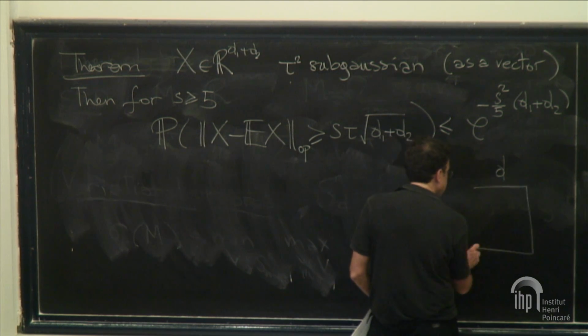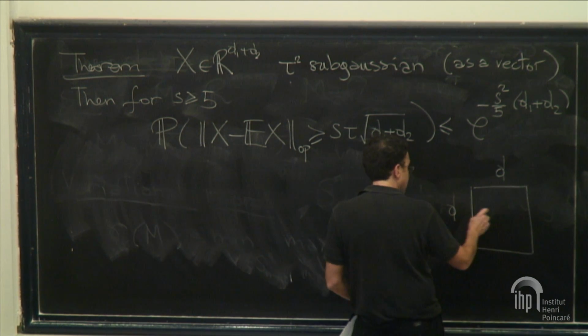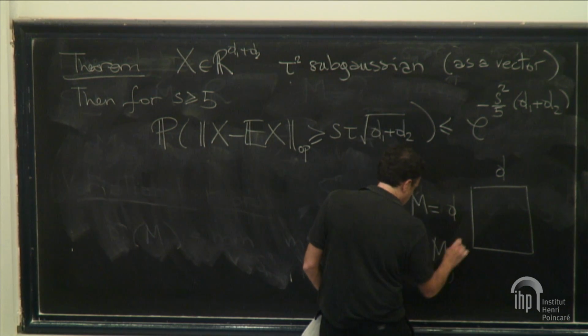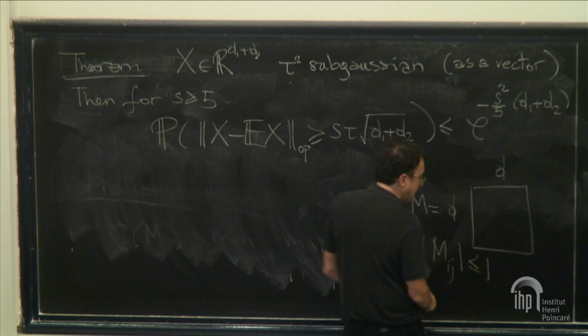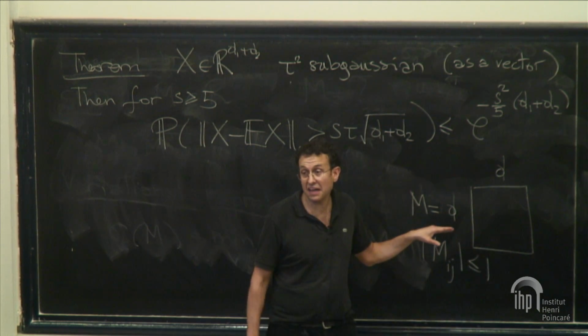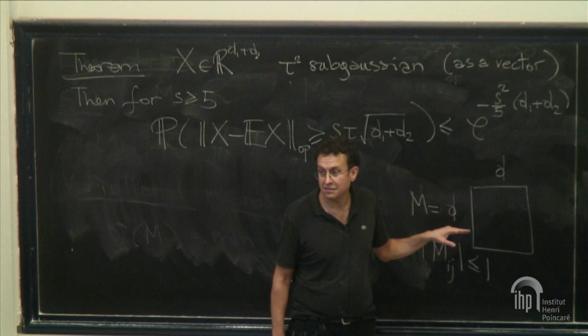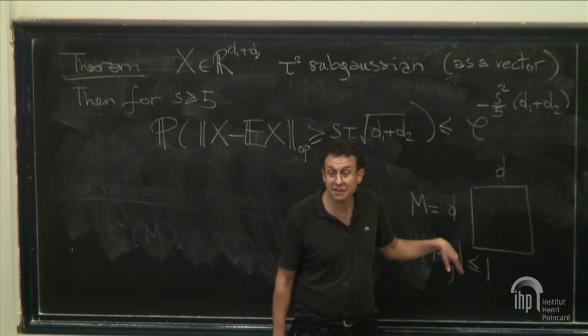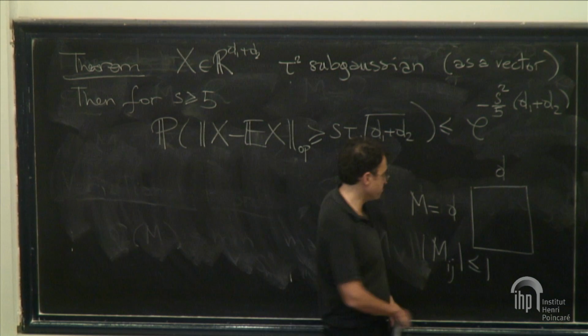So if you take a matrix d by d, and all entries m_ij are bounded by 1, the maximum operator norm that it can have is exactly d. What is such a matrix? It's just a matrix that is everywhere equal to 1.